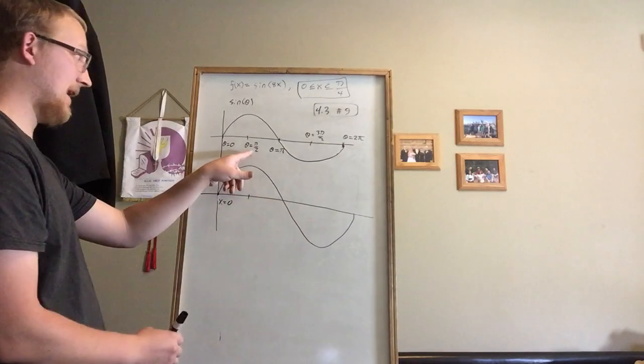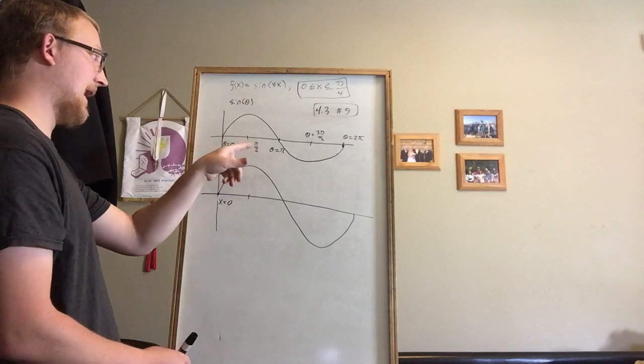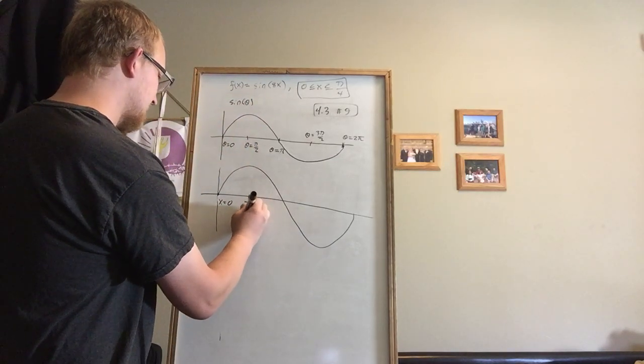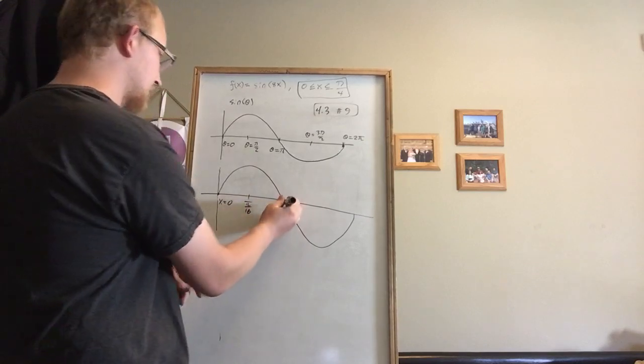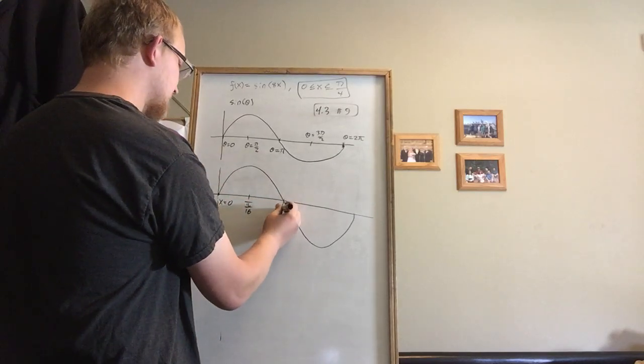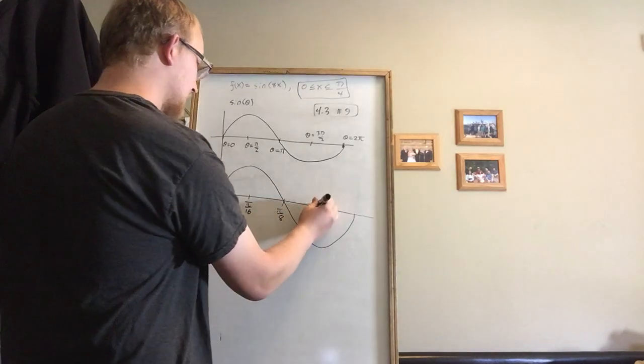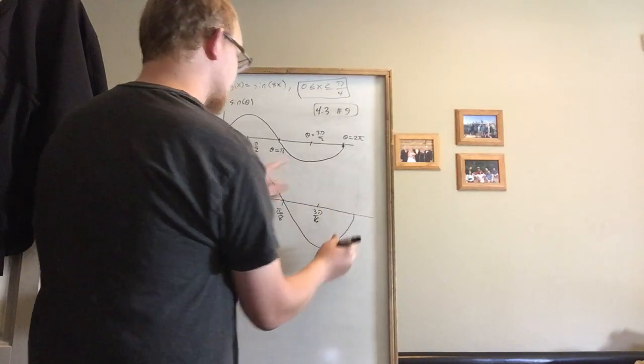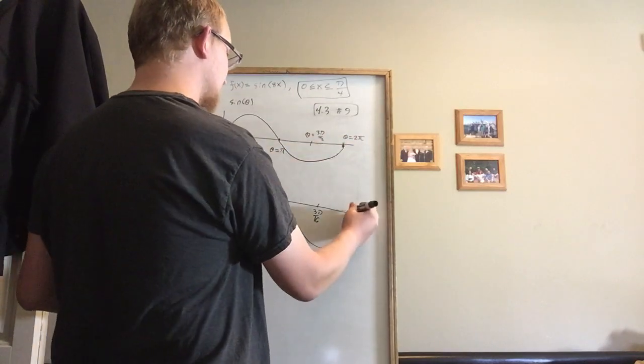Then it goes to x is pi halves divided by 8, which is pi 16ths. Then pi divided by 8 is pi eighths. Then we go to 3 pi 16ths, and then 2 pi divided by 8, which is pi fourths.